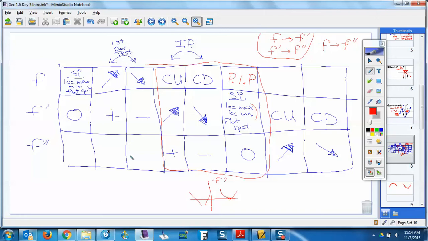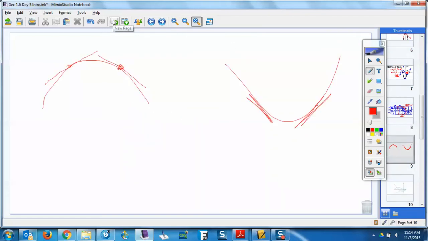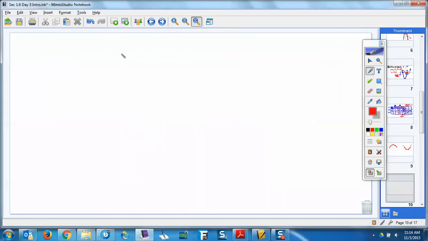Okay, here's part of your homework, number 4 through 8. So we're going to do this together on page 68. Page 68, so I want you to write this down. Go ahead and go to wherever you're going to do your homework on this page, and we're going to start with 4 through 8. And we're going to talk through this together.